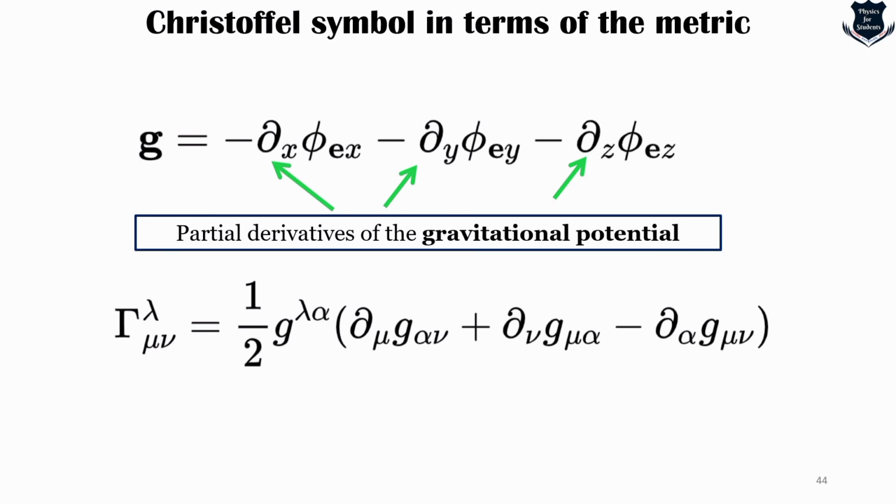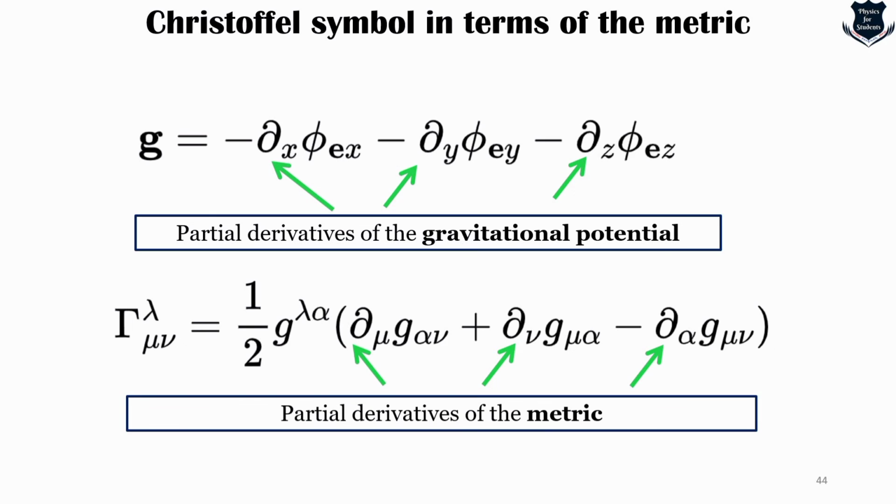Now if I write this one, right, you will see these are the partial derivatives of the metric. It's a big difference, right? So in the Newtonian case the partial derivatives are of the gravitational potential, while in general relativity the partial derivatives are those of the metric, and that is why the gravitational potential is replaced by the metric tensor.